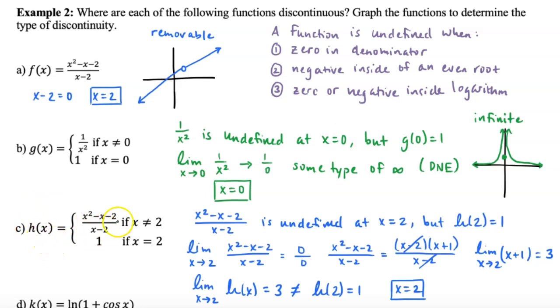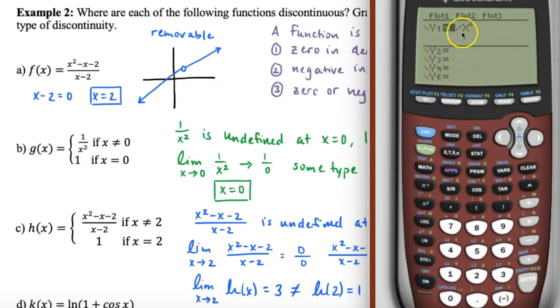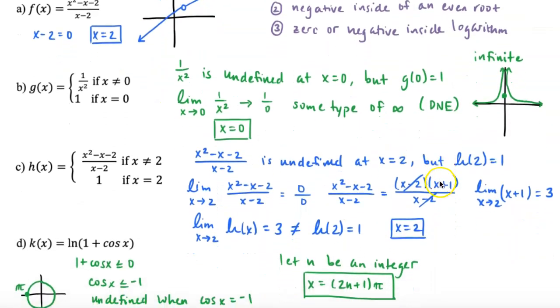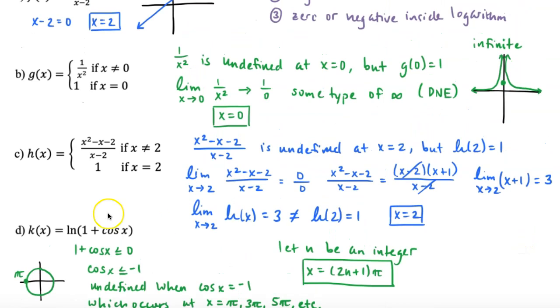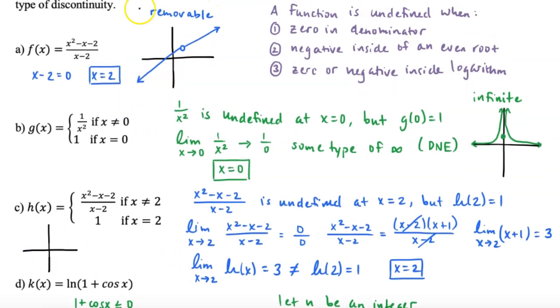Next, part C, and again, I'm just going to graph this first function. And didn't I already graph this function? I graphed it right up here, so we actually don't even need our calculators for this. Let's try to fit it in right down here. So I know that this is going to be exactly the same as up here everywhere except for x equals 2. So I'm still going to have this be a line with a hole at x equals 2.